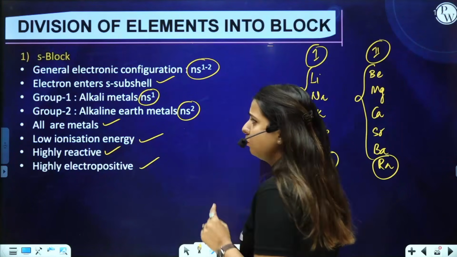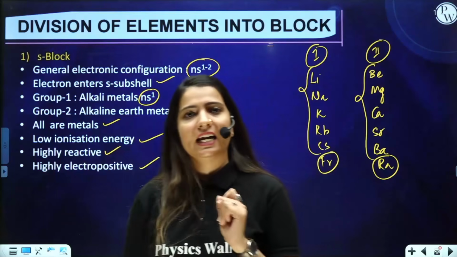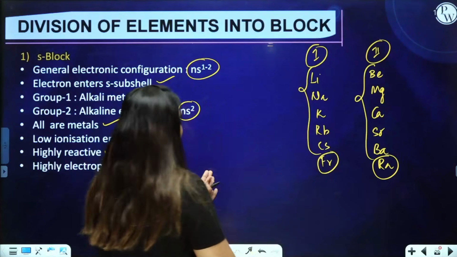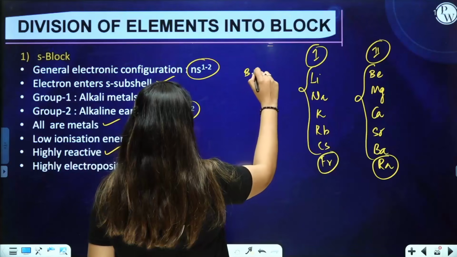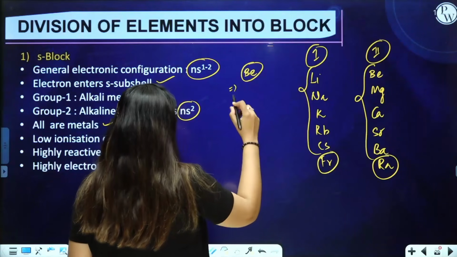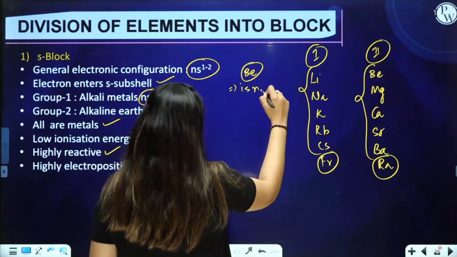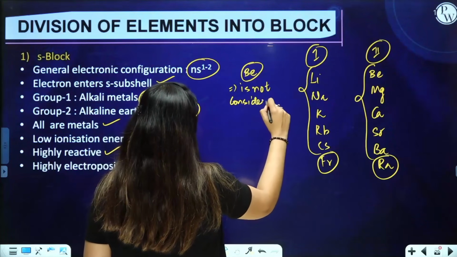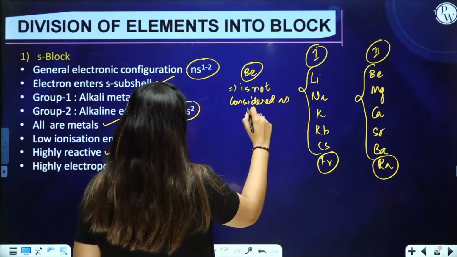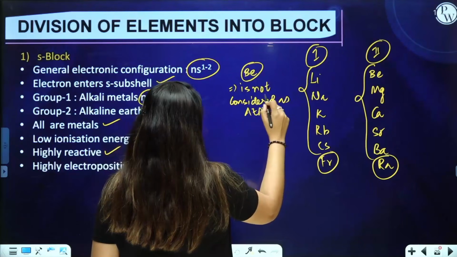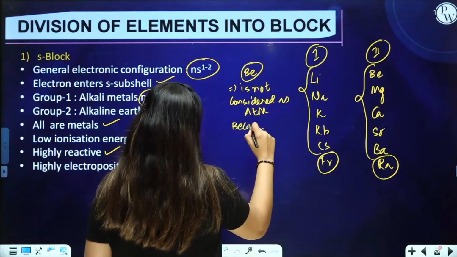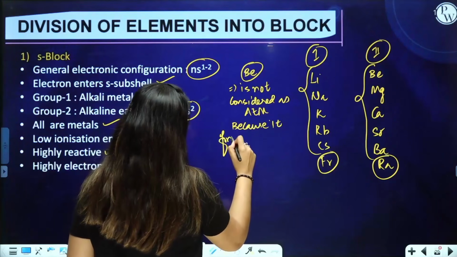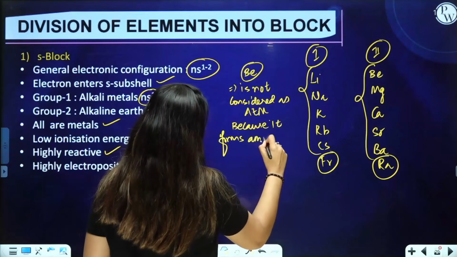So all of these properties are associated with the s block elements. And understand one thing also: beryllium sometimes is not considered an alkaline earth metal because it forms an amphoteric oxide.